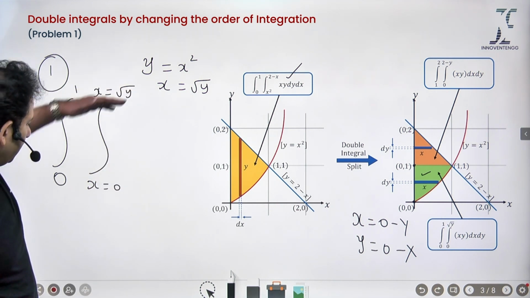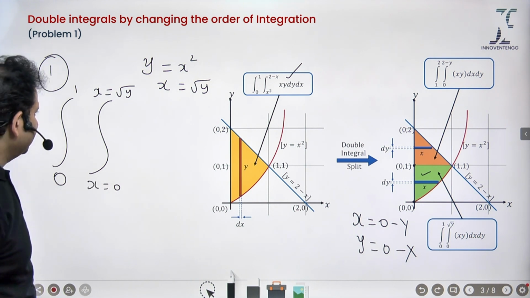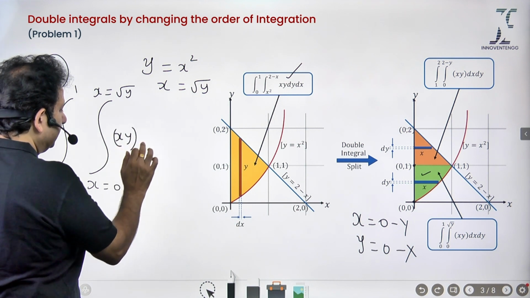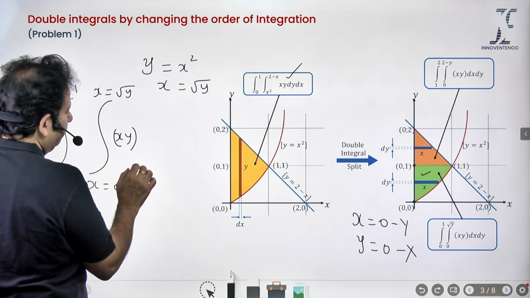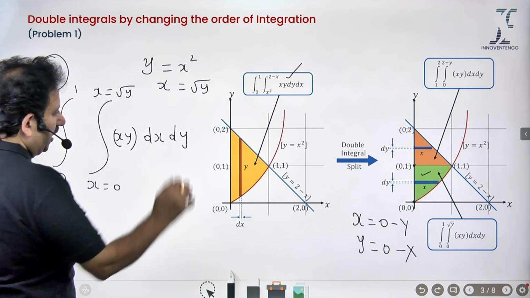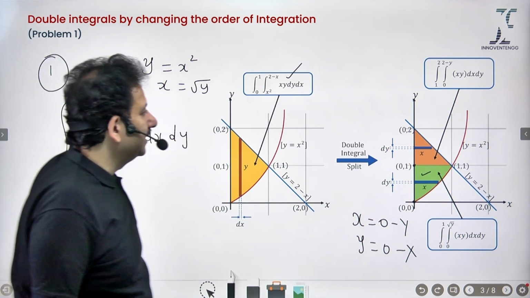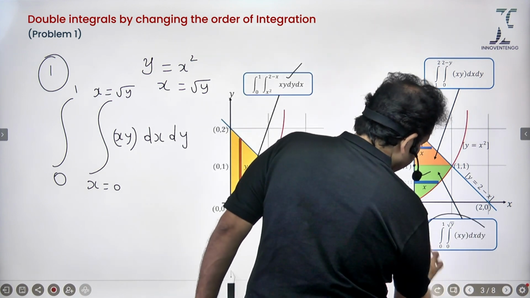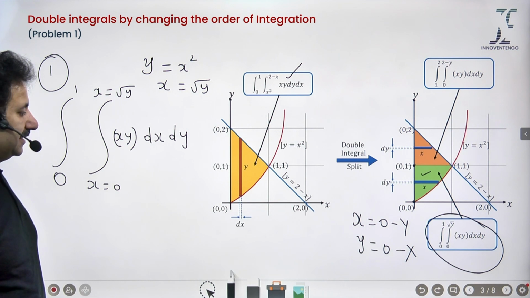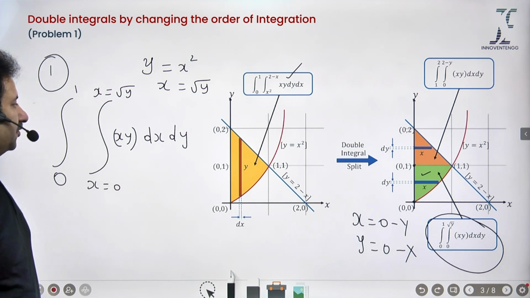This defines the parabola, this defines my y-axis, and therefore xy is being integrated. Now what is the order of integration? First with respect to x, then with respect to y. So this is exactly the integral that we have given over here. Clear? That is exactly the integral that we have given you over there.